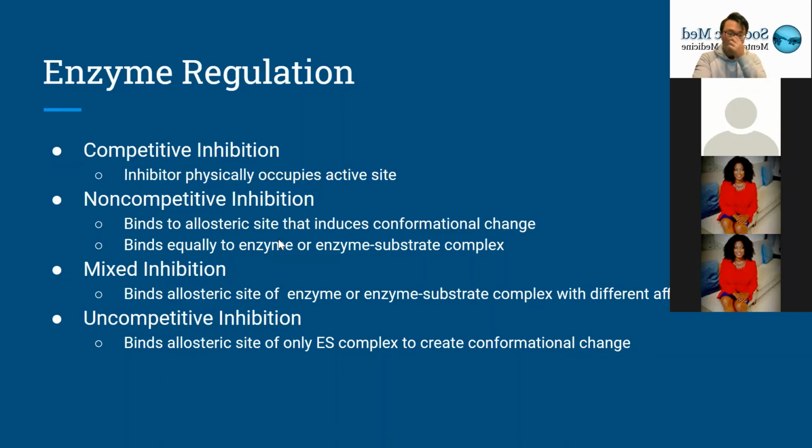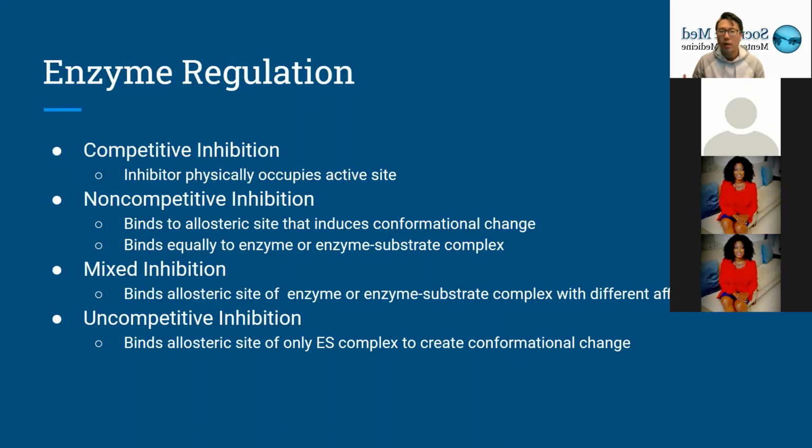And then the next type is called mixed inhibition. This is similar to non-competitive inhibition because it binds the allosteric site of either the enzyme or the enzyme substrate complex, but with different affinities. Depending on the inhibitor, it'll bind either the enzyme or the enzyme substrate complex more.